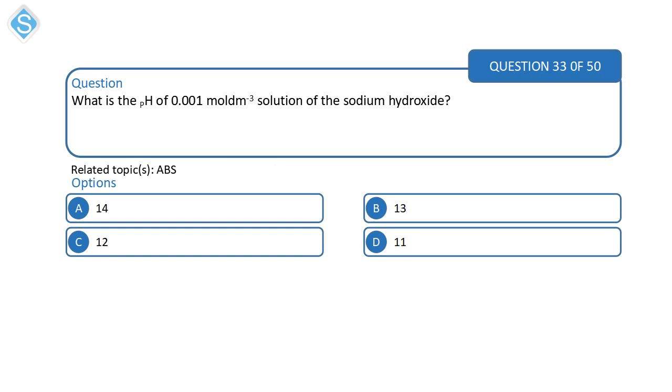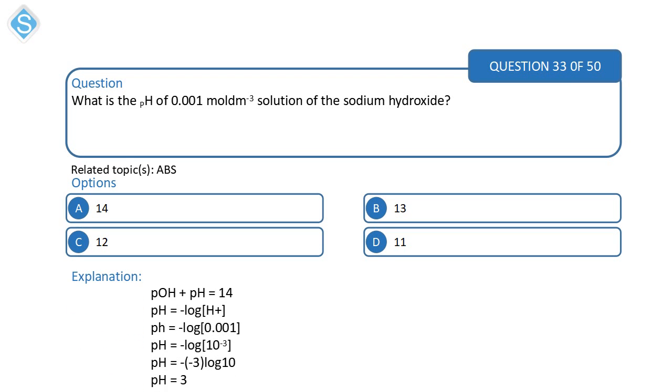What is the pH of 0.001 mole per dm cube solution of sodium hydroxide? So the pOH plus the pH is equal to 14 for a given substance. The sum of its pOH and its pH is equal to 14.